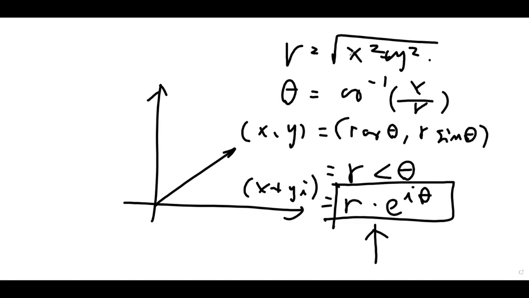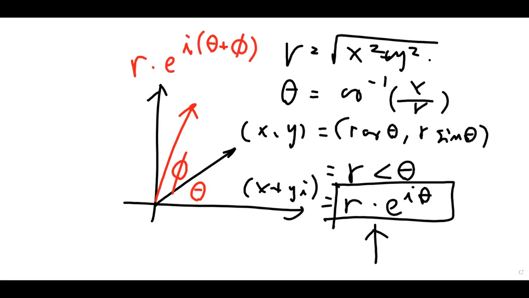So when we rotate to the new location, we have a theta, and as soon as you rotate by phi, this new point will be r times e^(i(theta plus phi)). It rotates by an angle phi.